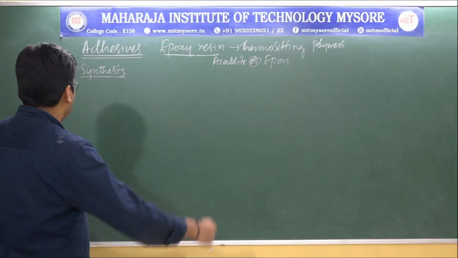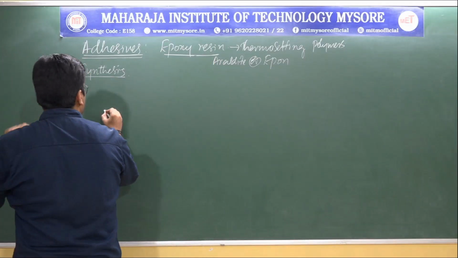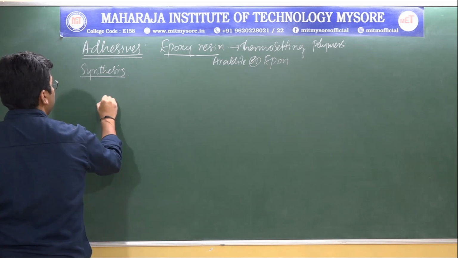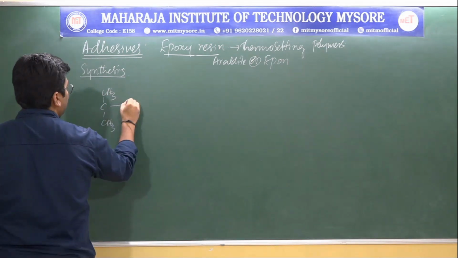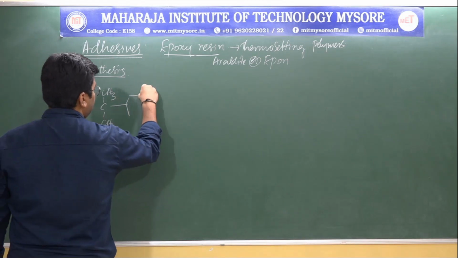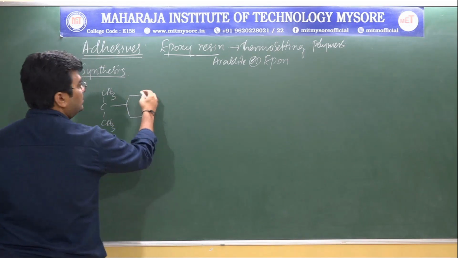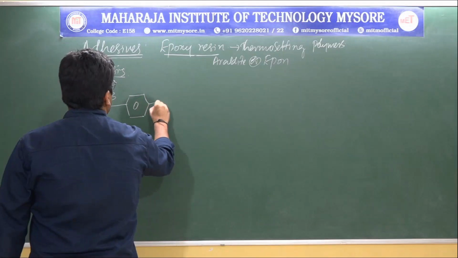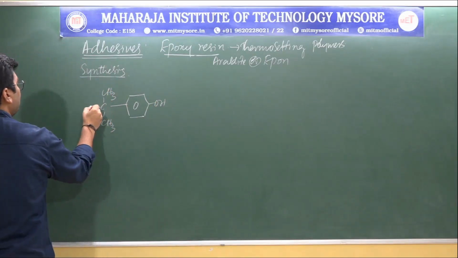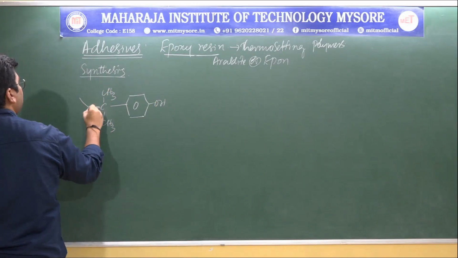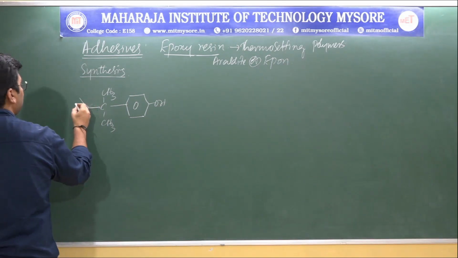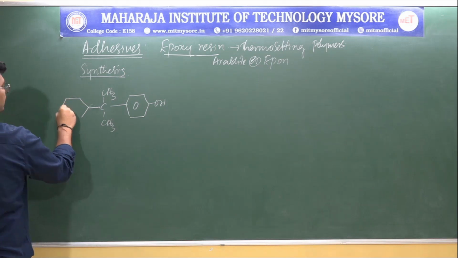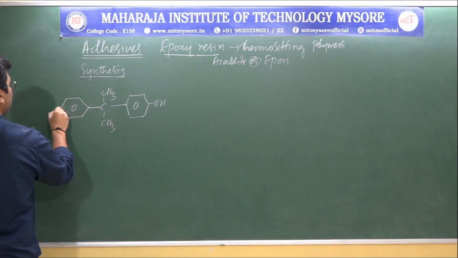If we write the structure, the structure of bisphenol A will be like this: C(CH3)2 in the middle, OH, and another benzene ring, like this.